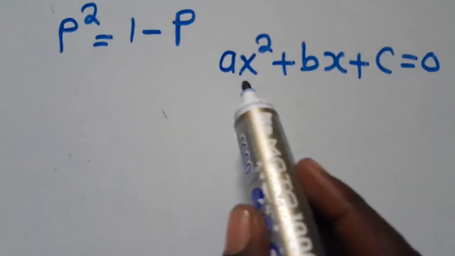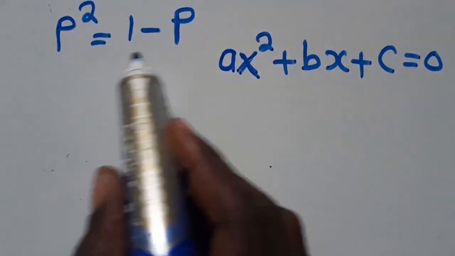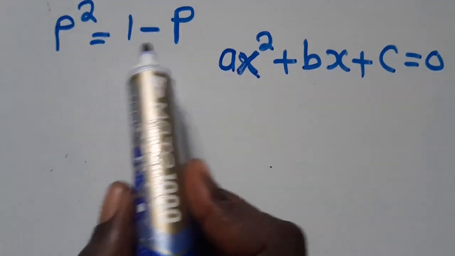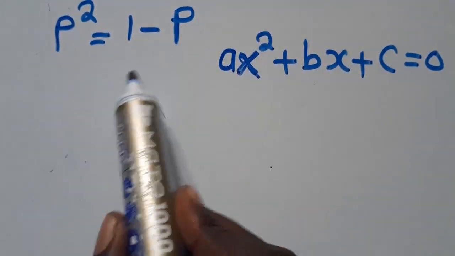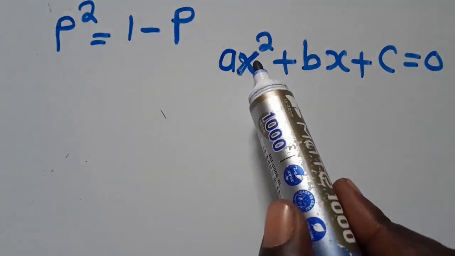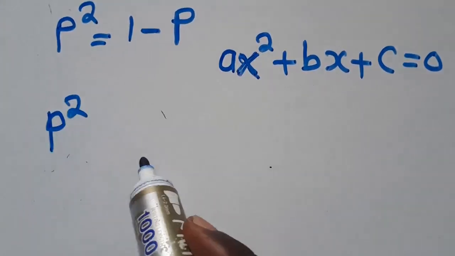You say, the first one is the one having a square. In this case, do we have x? No. We are having P. We don't have x here. The concept is one and the same. The term which is having a square should start, so that is P squared.